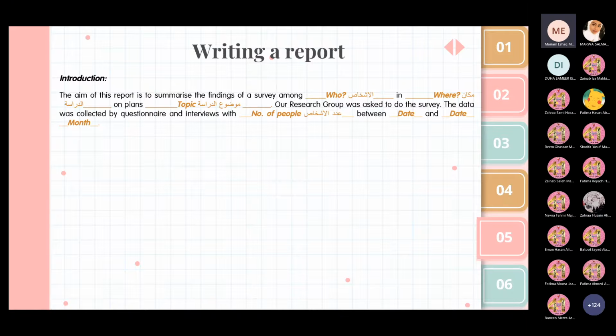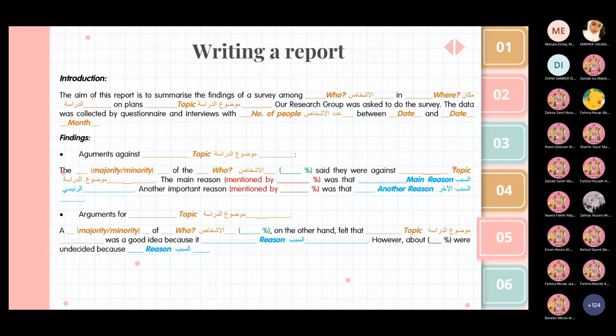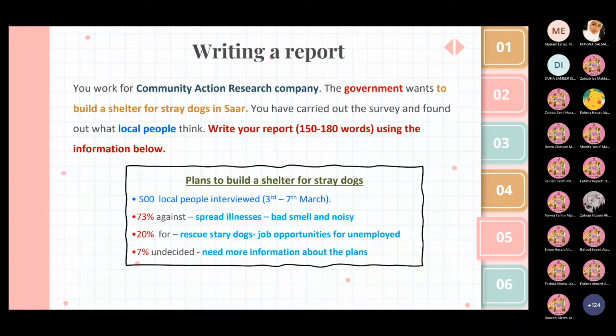Teacher, can you move to the next slide? So here we have this, or do you need the layout? This one right here. Okay. First we have a question with the information provided. You work for a community action research company. The government wants to build a shelter for stray dogs in SAR.